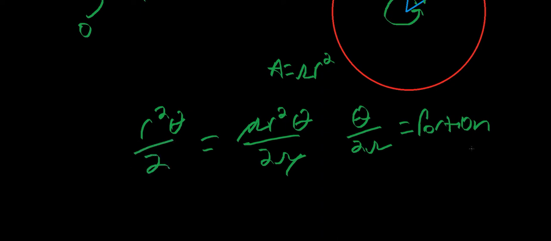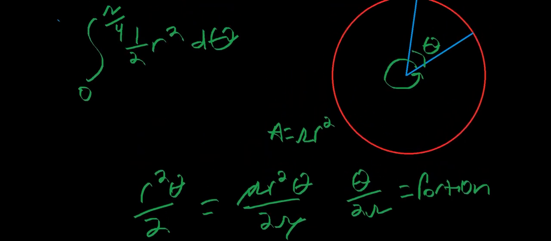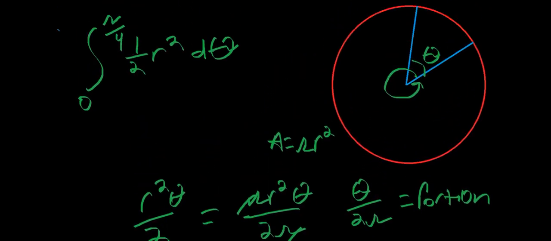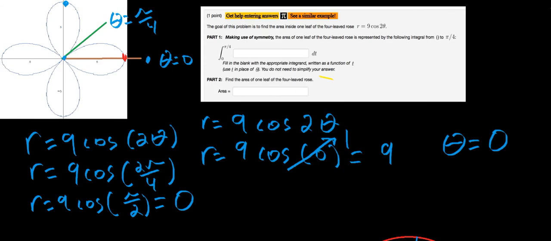Now, when we're talking about polar coordinates specifically, that theta actually turns to a d theta because we're taking infinitesimal angle measurements of our r as we're encompassing our entire area.